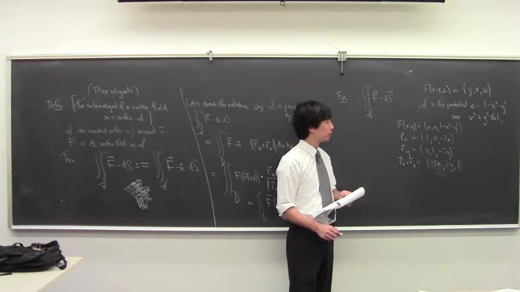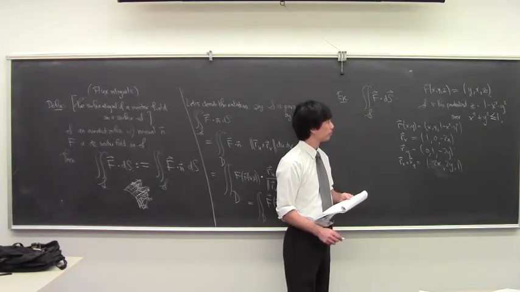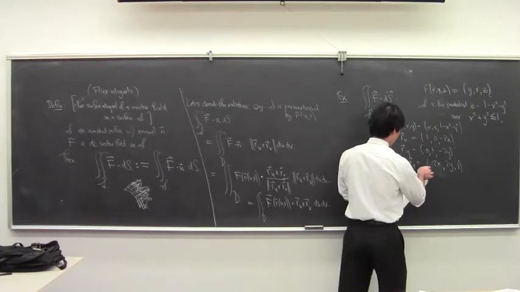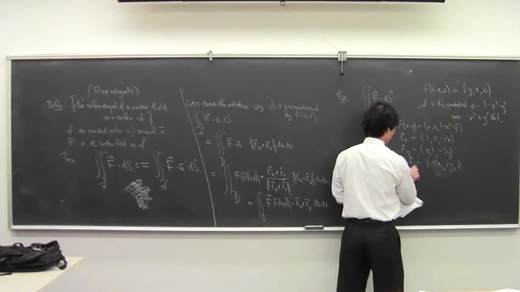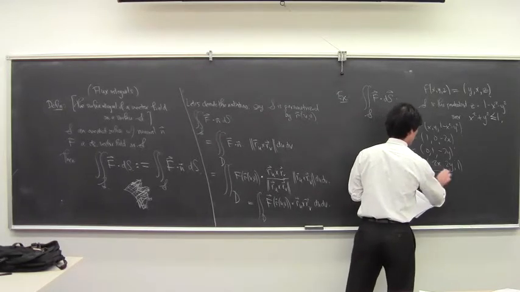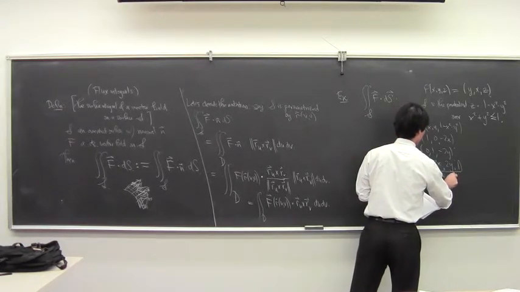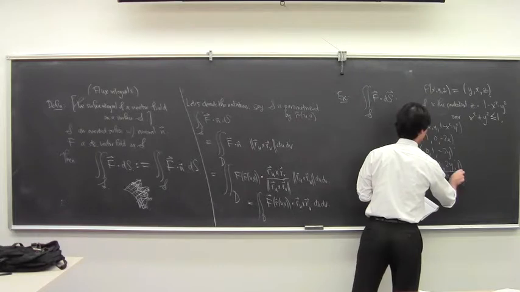Right, (2x, 2y, 1). And then the magnitude of that is the square root of 1 plus 4x squared plus 4y squared.